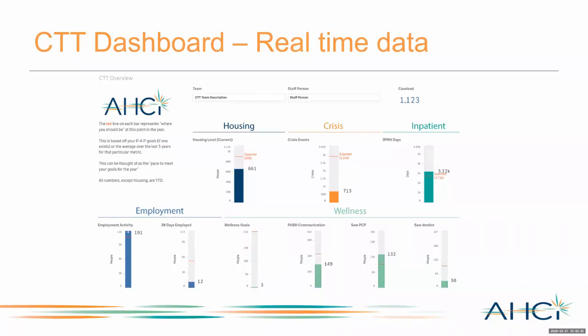Housing, crisis utilization would be a crisis service. So if you're having a crisis, there's a number to call, and people can rapidly come out and help you. Of course, there's inpatient, and then we place certain bars on there that show what's expected. But this data is actually updated in real time, so it's something that people can take advantage of and see.